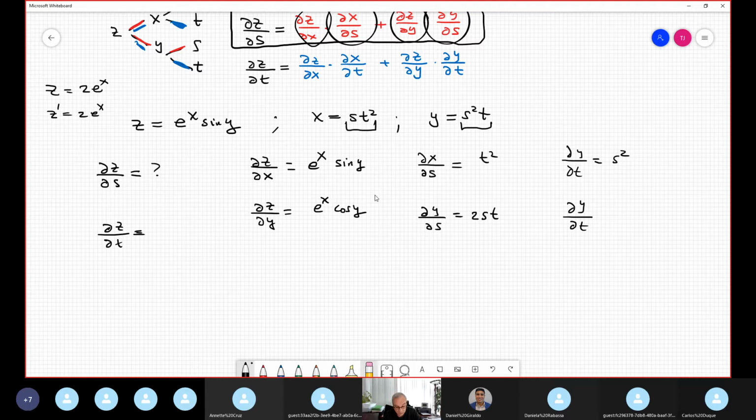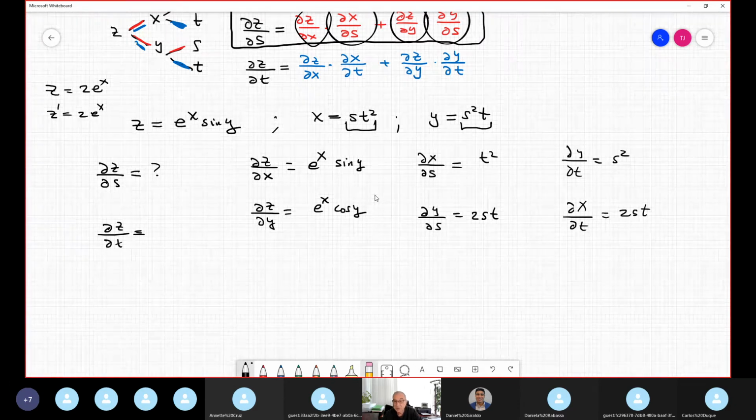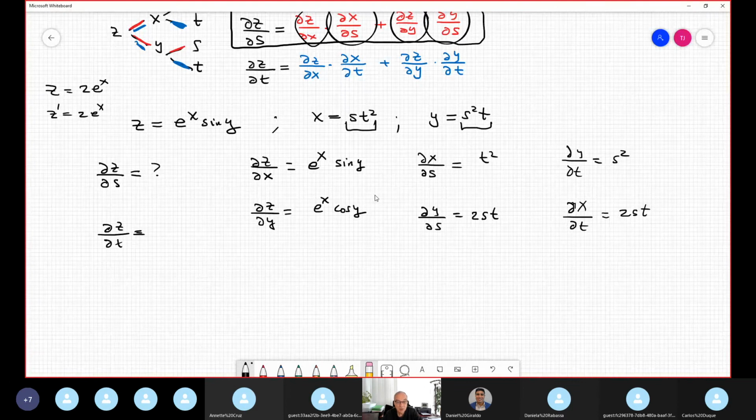Partial derivative with respect to x, I did that. I forgot the partial derivative of x with respect to t. Okay, look here. The partial derivative of x with respect to t is easier, it's 2st. Done. The rest is just substitution in the corresponding formula and end of story.